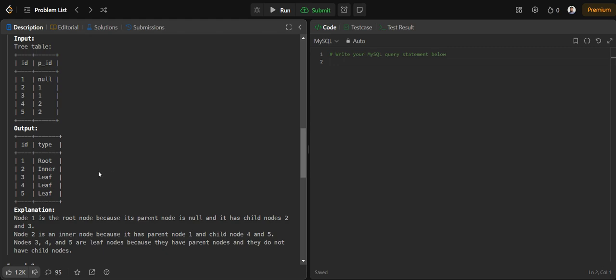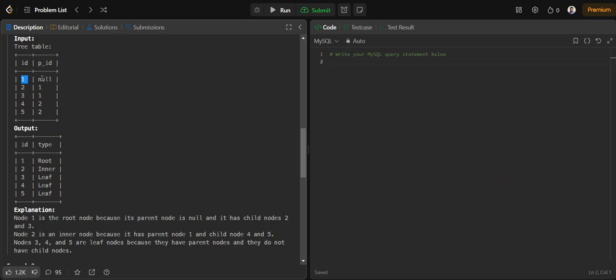Now how to solve this problem? We can use a simple case when statement. I will give you a hint. We have to write three case when statements. First one will be, if the PID is null, then that ID will be root, because there is no parent ID for that ID.